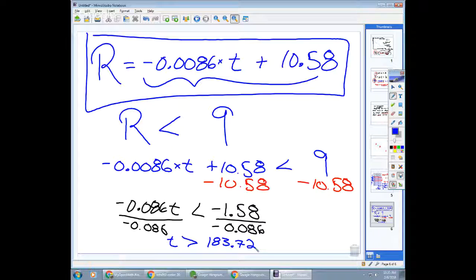So 183 years after 1900 will be 2083. Somewhere in 2018 right now, if the world record keeps dropping like this, then in about 2084 we would expect the world record to be around 9 seconds, if we do that right.